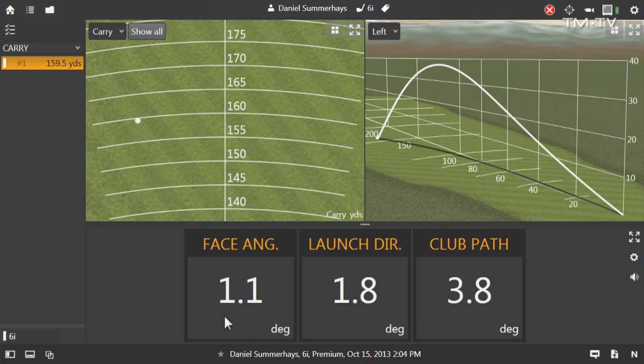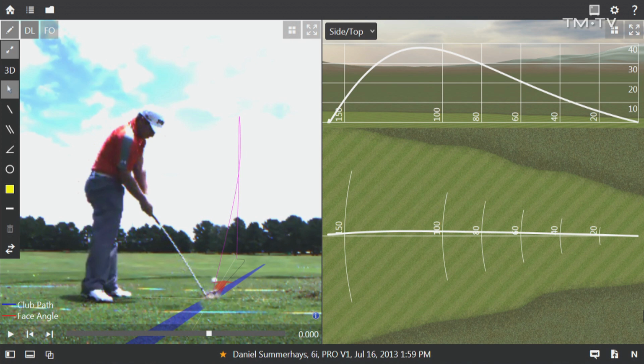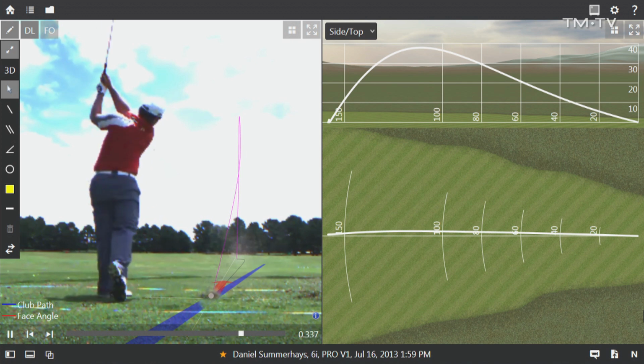As a tour professional, what is it that you're thinking about when you're trying to hit a shot with some shape on it? Yeah, I like how you have these numbers set up here, because this launch direction is always going to be between the face angle and the club path, and that's the image I put in my mind when I'm going to hit a shot. I see these different lines out there, similar to what the TrackMan can do on the camera, where it has the launch direction in between the face angle and the path.